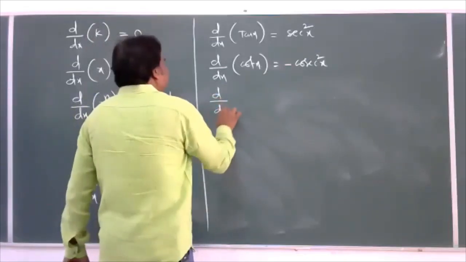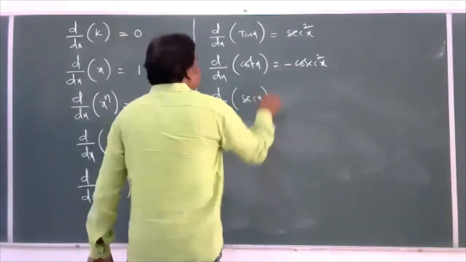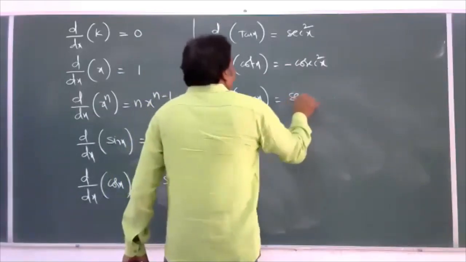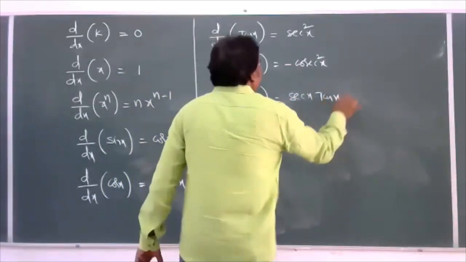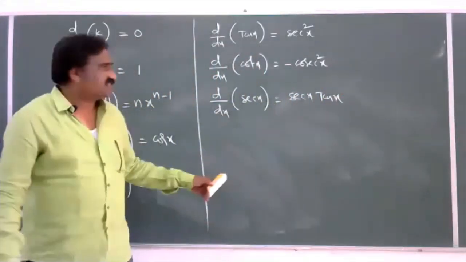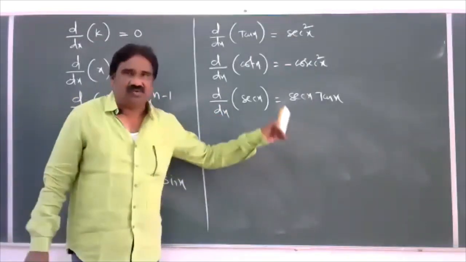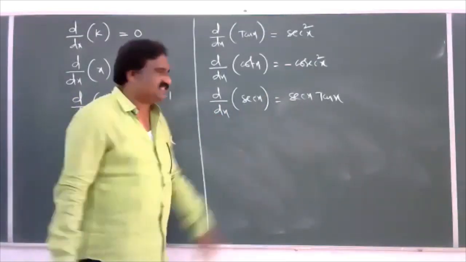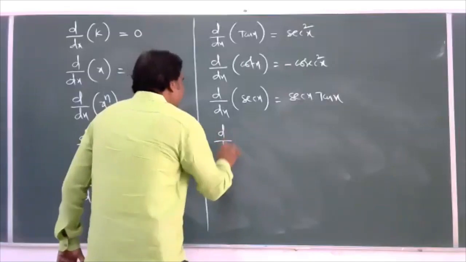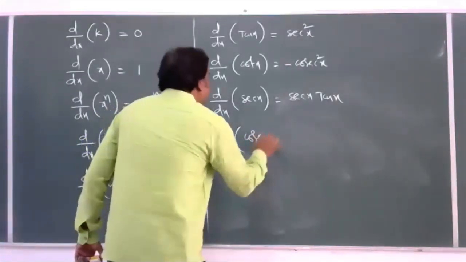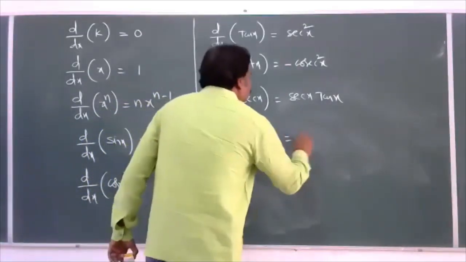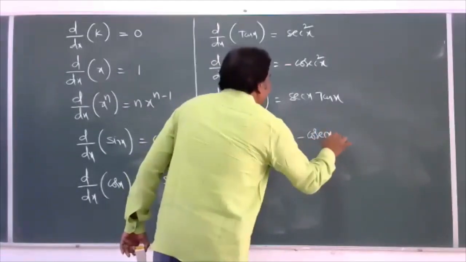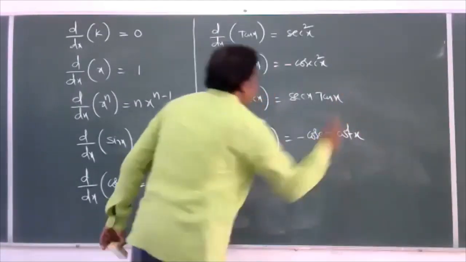d by dx of secant x is equal to secant x into tan x, and d by dx of cosecant x is equal to minus cosecant x into cot x.